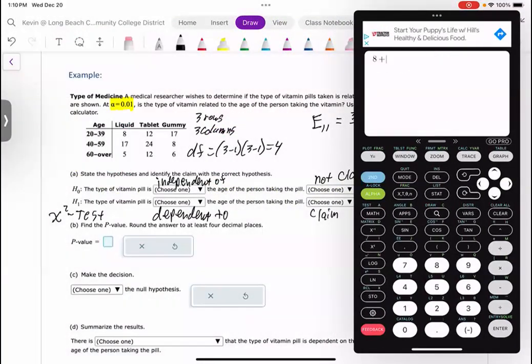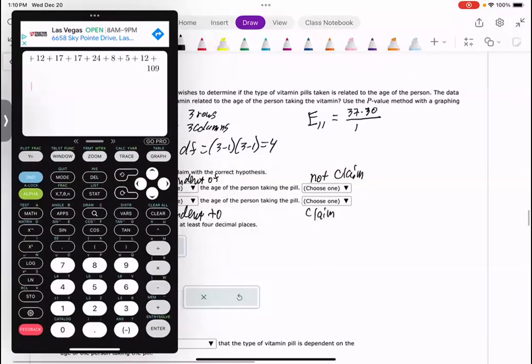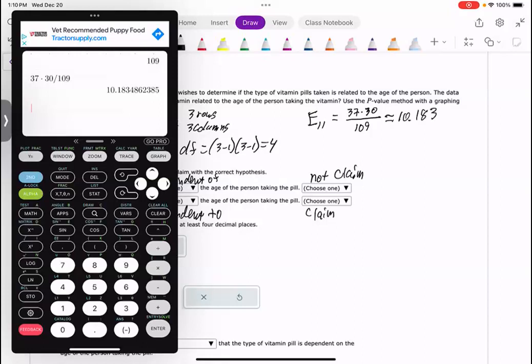So 8 plus 12 plus 17 plus 17 plus 24 plus 8 plus 5 plus 12 plus 6. So 109. So 37 times 30 divided by 109. So this is about 10.183486.